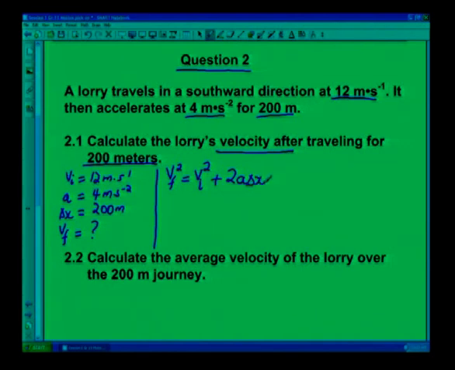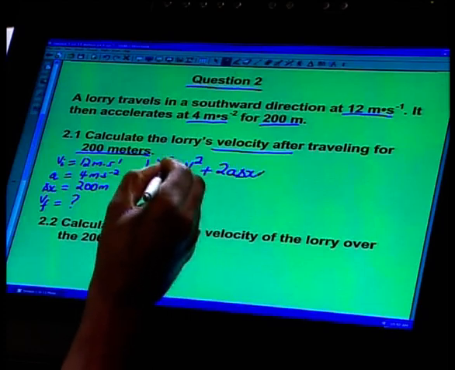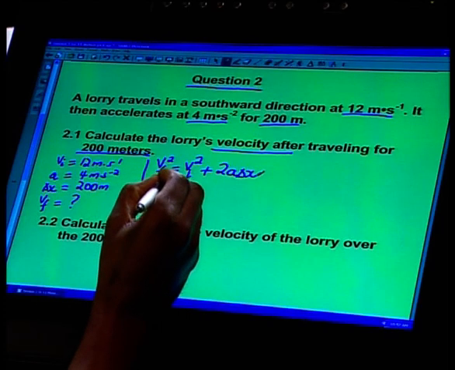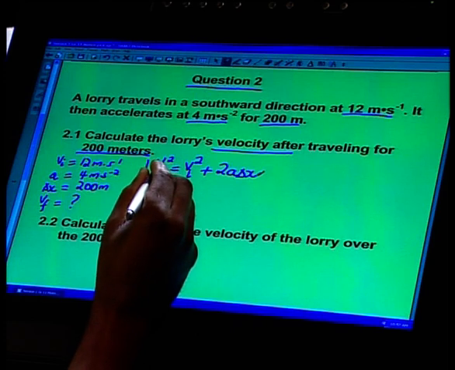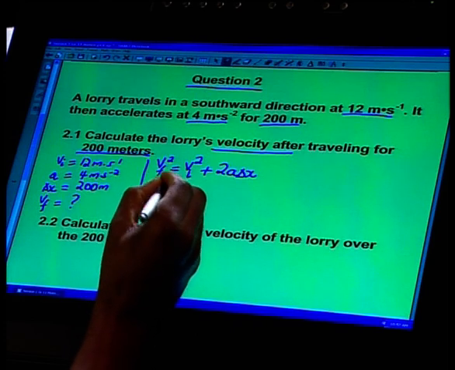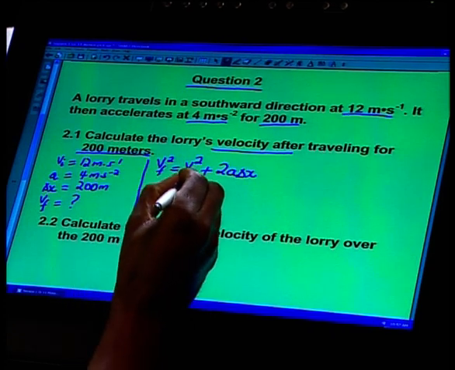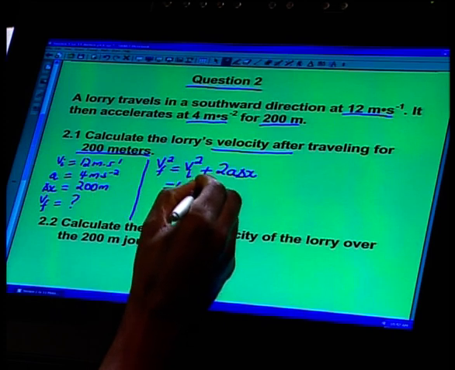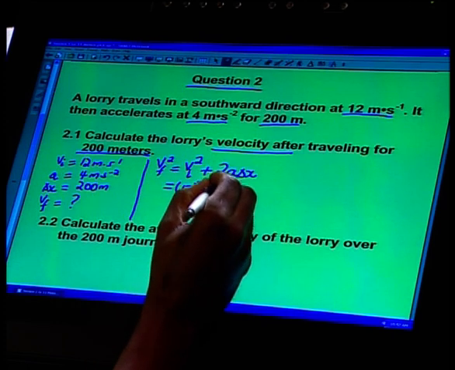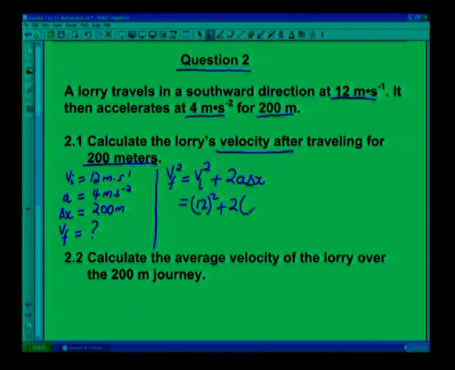That's the one to use. Now we can substitute into this formula to get V final. V final squared is equal to V initial squared, V initial is 12 squared, plus 2 times acceleration 4 meters per square second times delta x, which is 200.